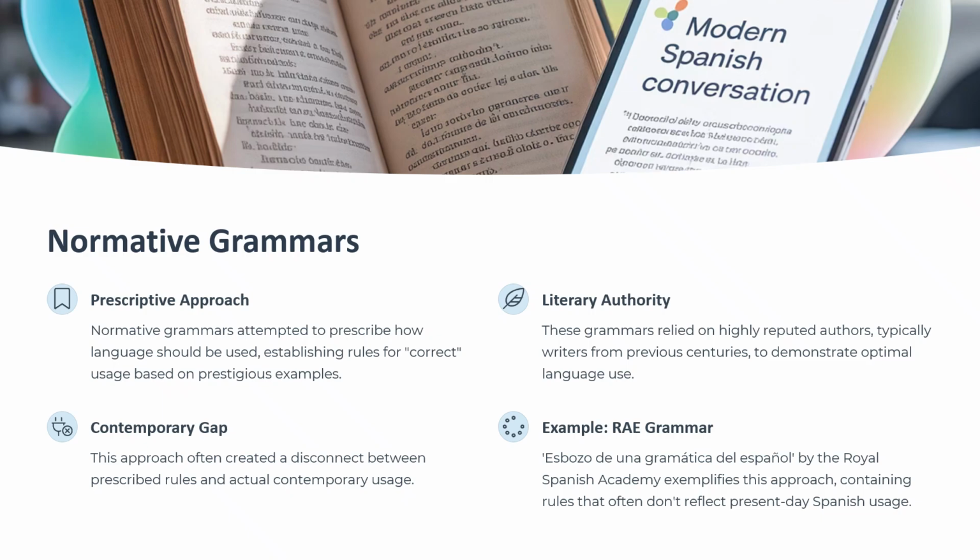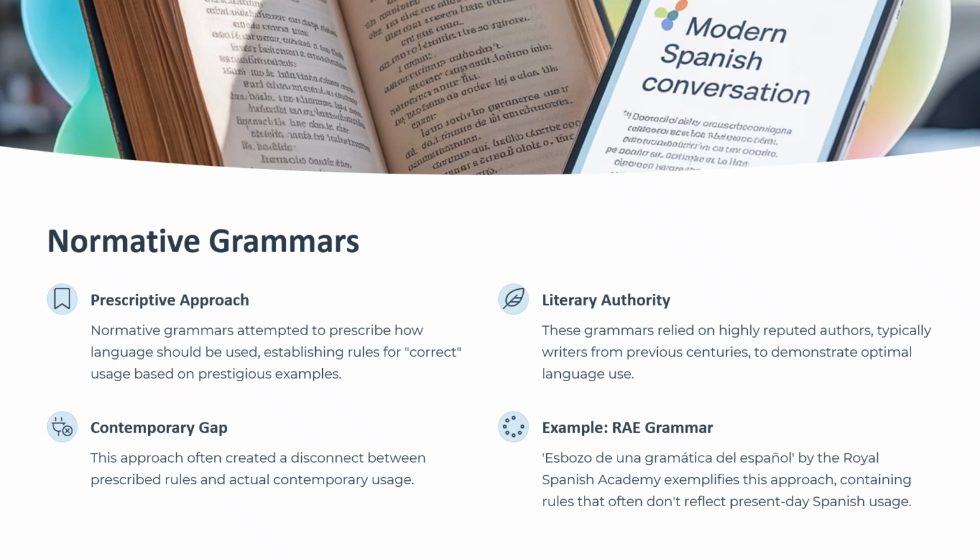Normative grammars. Prescriptive approach. Normative grammars attempted to prescribe how language should be used, establishing rules for correct usage based on prestigious examples. Contemporary gap. This approach often created a disconnect between prescribed rules and actual contemporary usage.